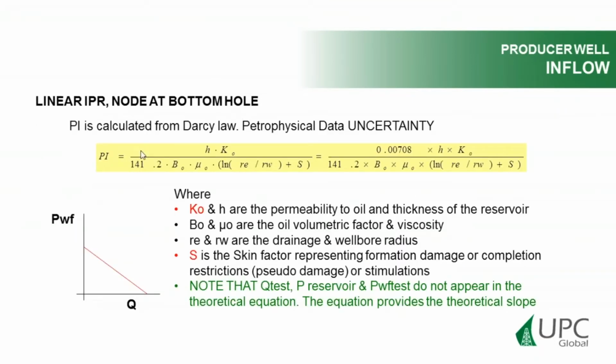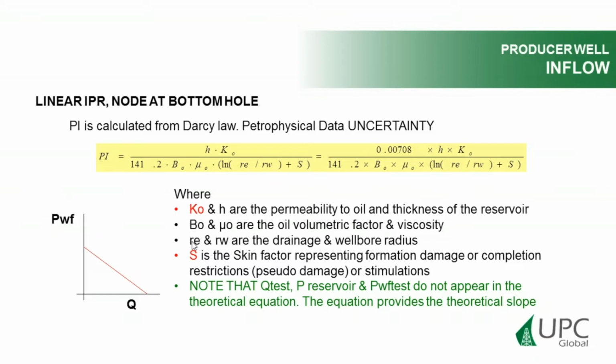When I use the productivity index computed from Darcy's law using petrophysical data, the values with the biggest uncertainty are the permeability and the skin. There's no big uncertainty with the thickness, and you have to be aware of the PVT properties, especially the Bo and the viscosity.